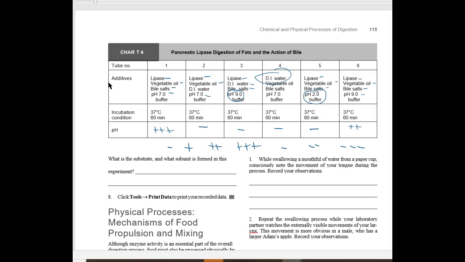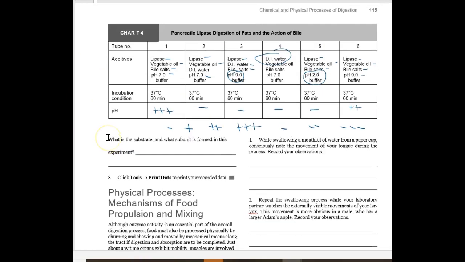So if this was like 5 versus 9, so 2 pH units lower versus 2 pH units higher, you'd probably see more activity higher than lower because acids are just better at denaturing proteins than bases. And I believe it is the actual presence of the hydrogen ions that interact with the protein, whereas with a base, it's an absence of hydrogen ions, or just less of them, and that doesn't seem to have as much of an effect.